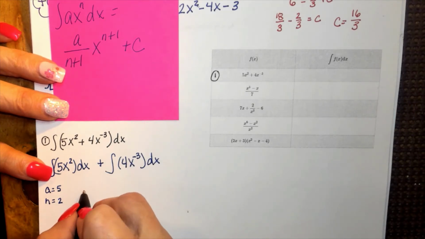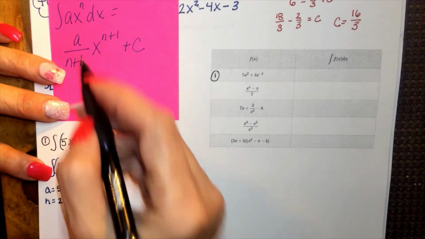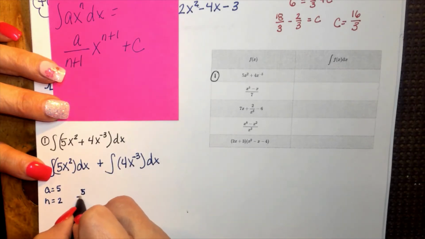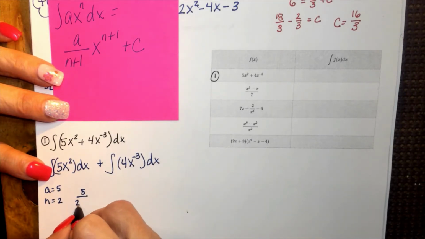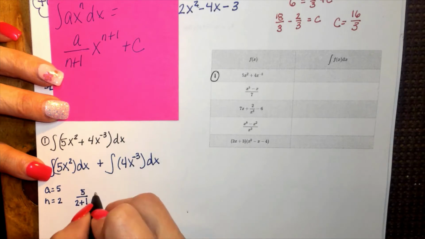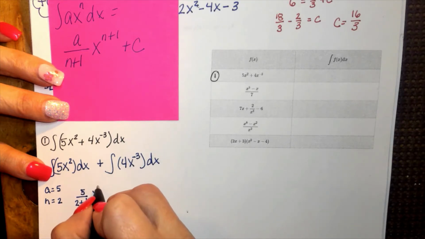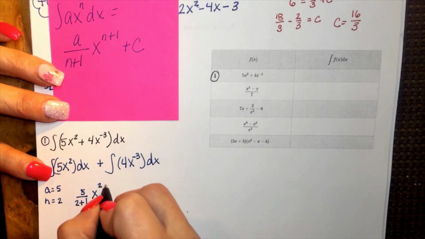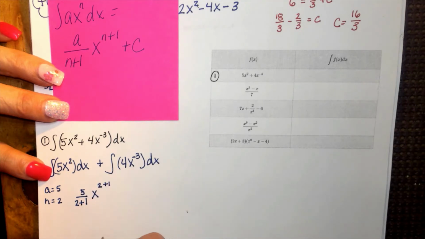So it's going to be a, 5, over 2 plus 1 times x to the 2 plus 1. So this is going to give me 5/3 x to the third.